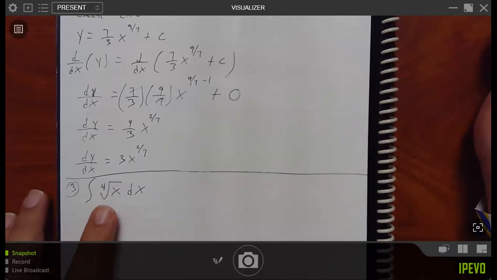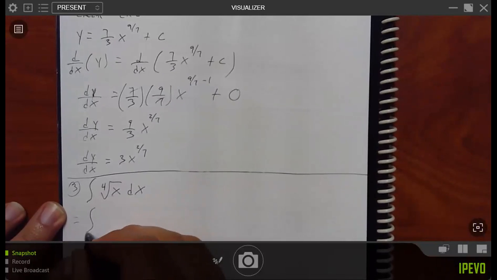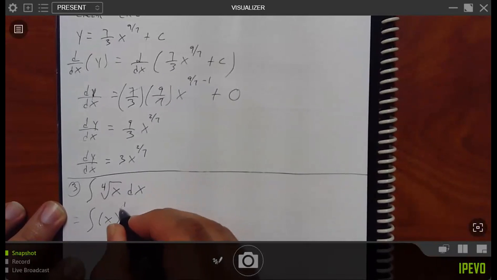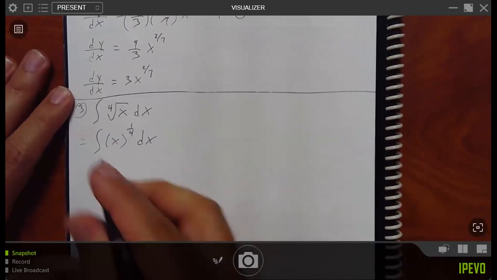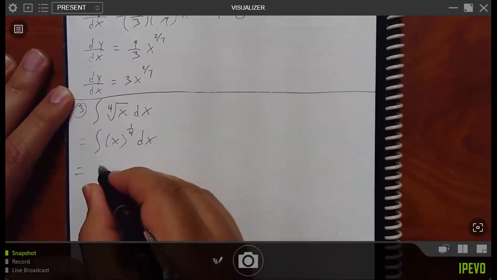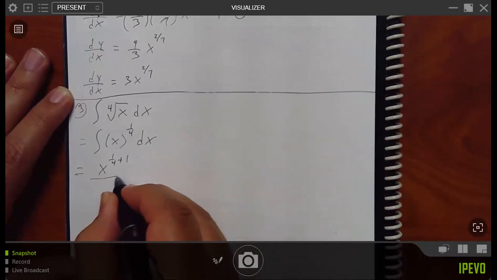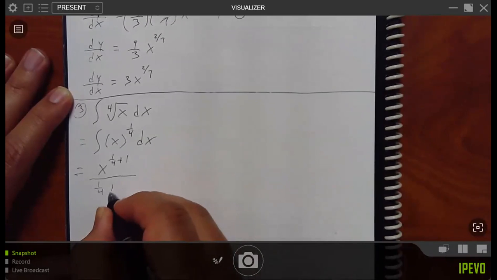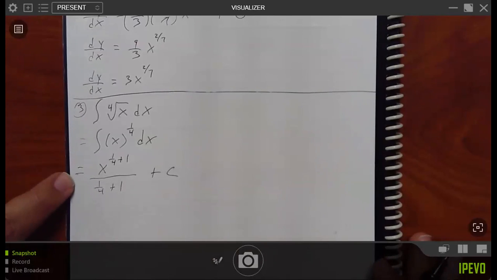You would change this into a fractional power. Same thing here. It changes into x to the 1/4, and then apply the power rule. So that will be x to the 1/4 plus 1 over 1/4 plus 1, plus c. There is my antiderivative.